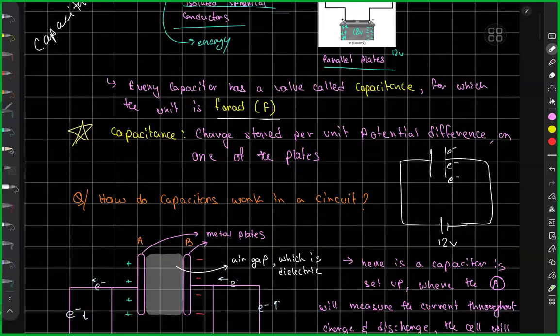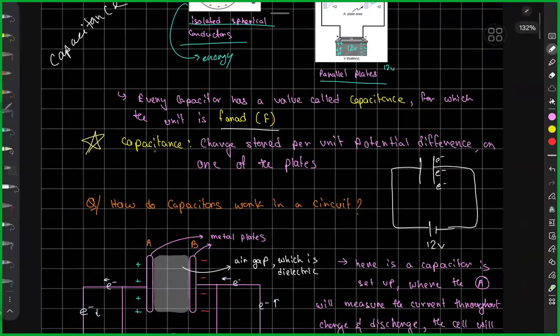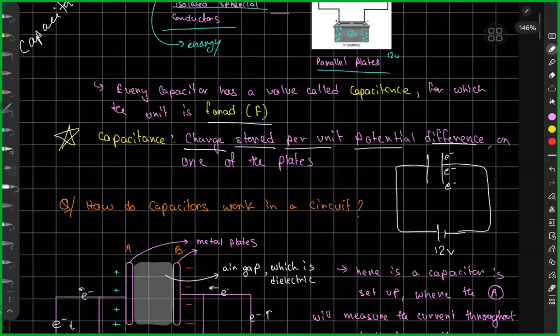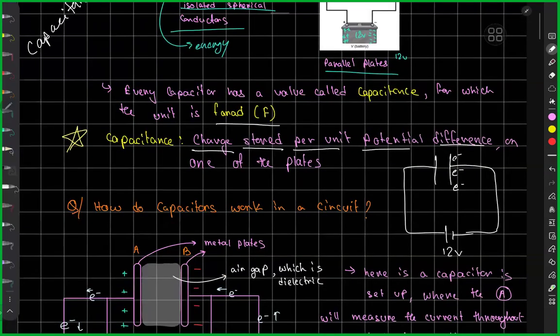Now, what capacitance means is the charge stored per unit potential difference on one of the plates. That went over your head, hopefully, because you're not supposed to understand what that means yet, and I'll explain.